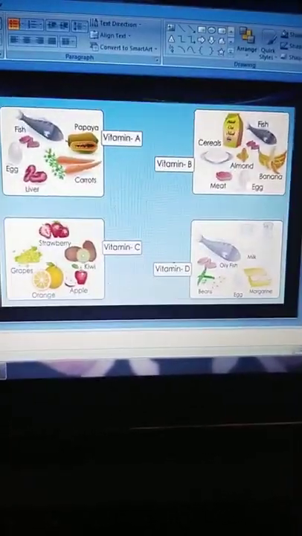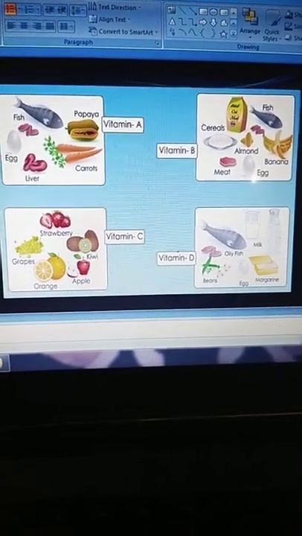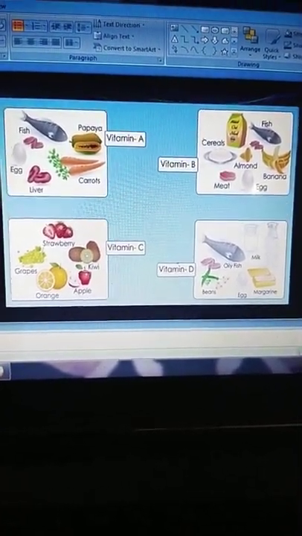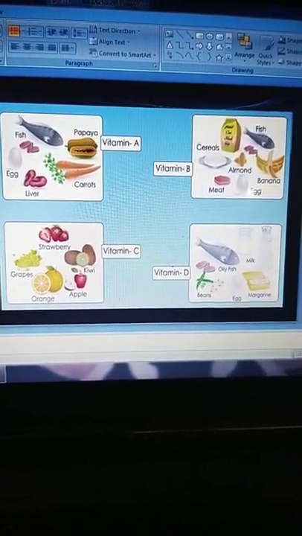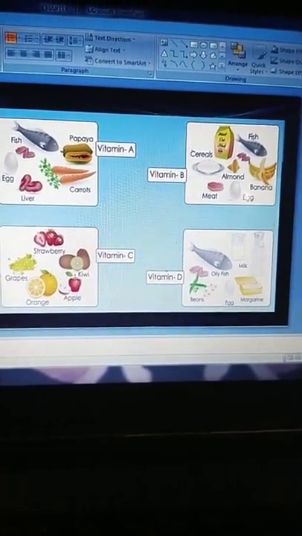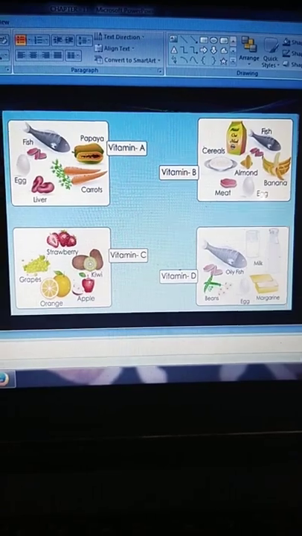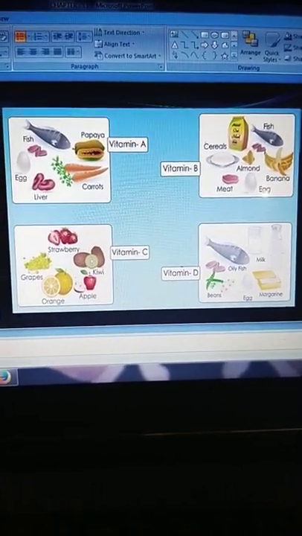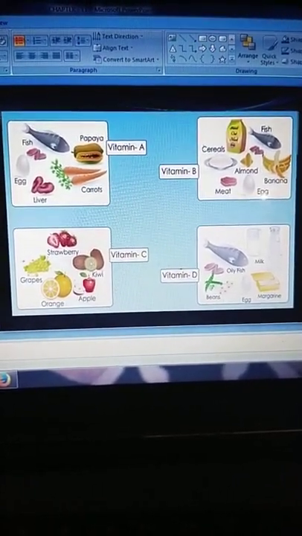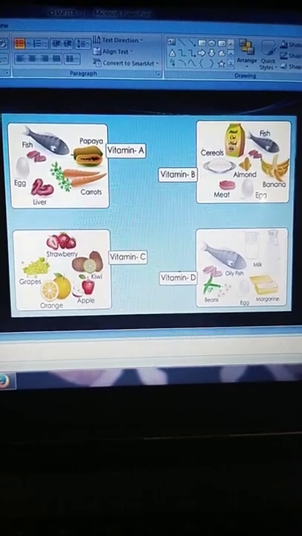Here you can see some of the vitamins related to the vegetables given here. So, vitamin A is present in papaya, carrots, liver, egg, fish.